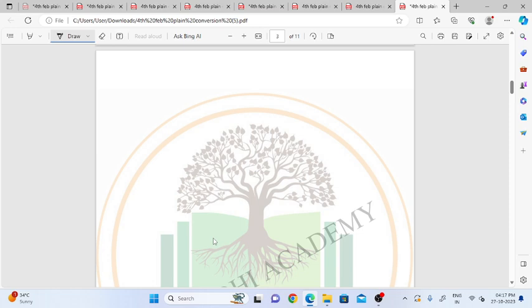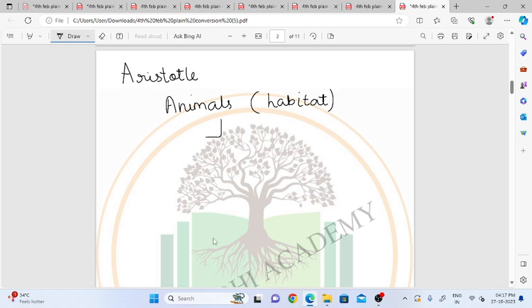He classified animals based on where they live, that is, based on habitat: land, air, water.